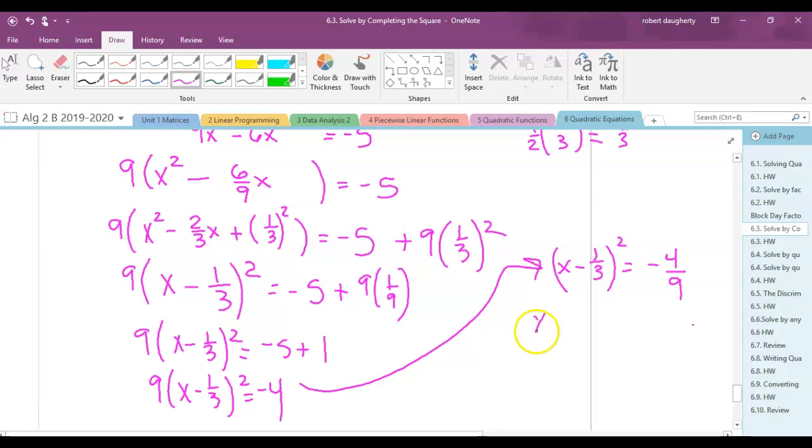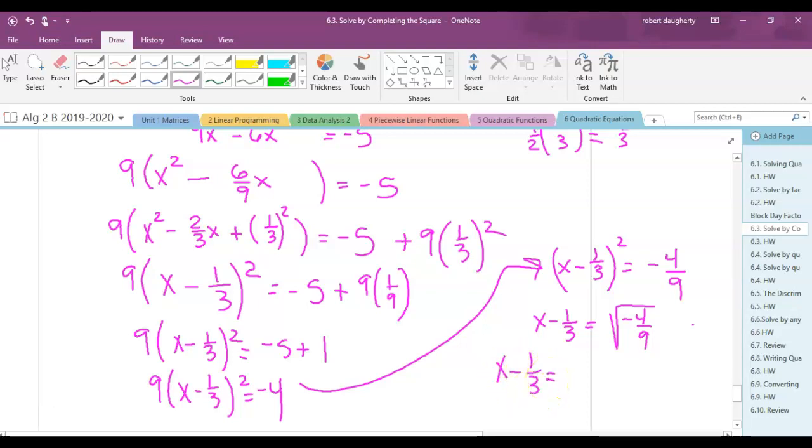So I get x minus 1/3 is equal to the square root of negative 4/9. Okay. So when I take the square root of negative 4/9, it's going to be what kind of number? It's going to be complex. Okay. So yeah.